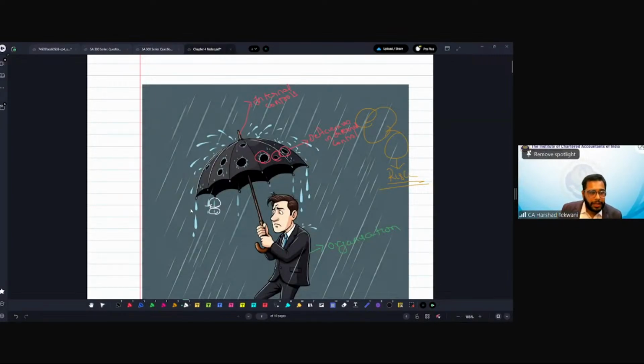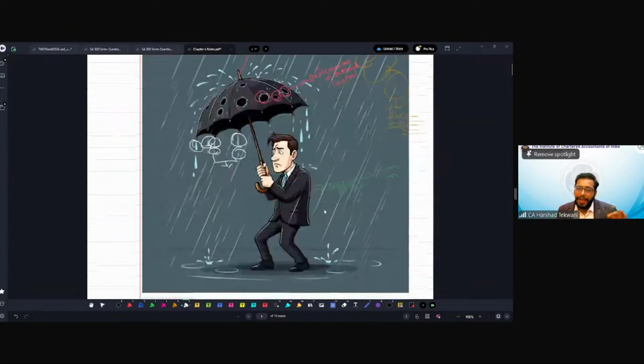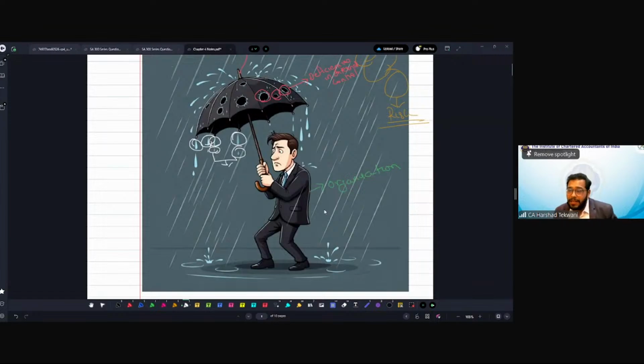So this is nothing but your risk which is getting materialized. I will call this a materialized risk, which later turns into a material misstatement.